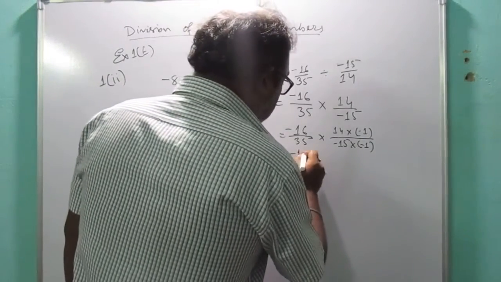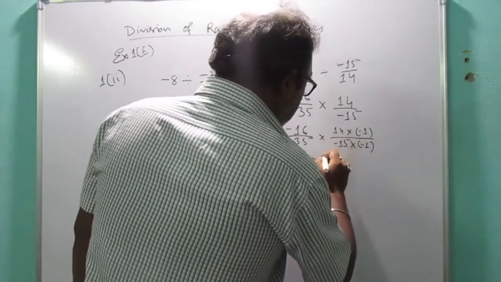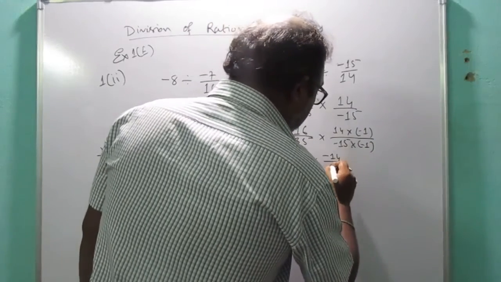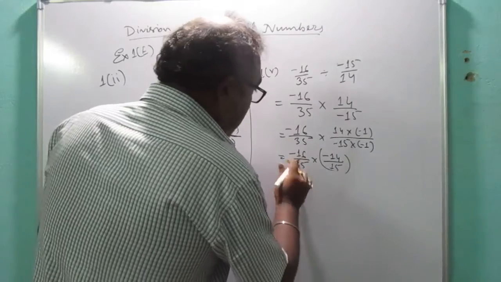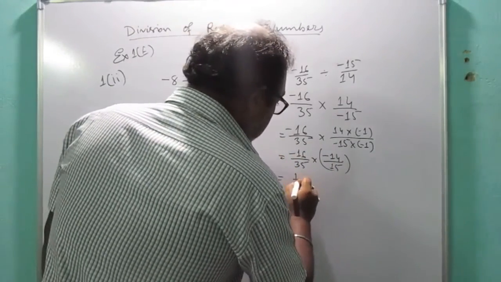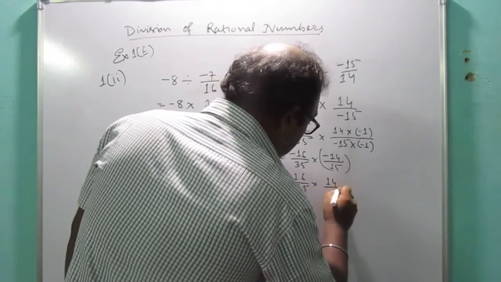Okay, so minus 16 by 35 into 14 into minus 1 will give me minus 14, and minus 15 into minus 1 will give me 15. So this minus into this minus will give me plus.